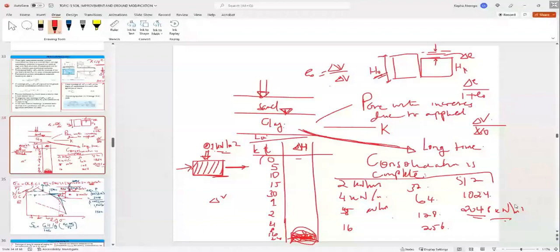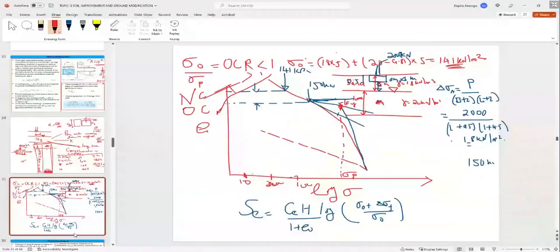So that makes sense. Now, we can also use this 24 hours data for each loading to calculate what is known as the time factor. Let me pause. Do you have any question up to there?